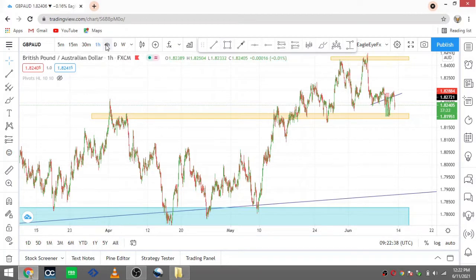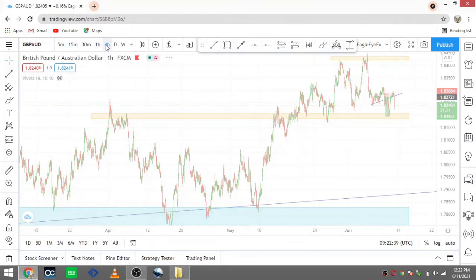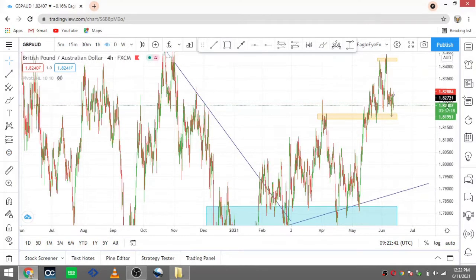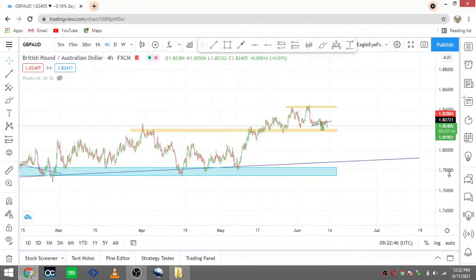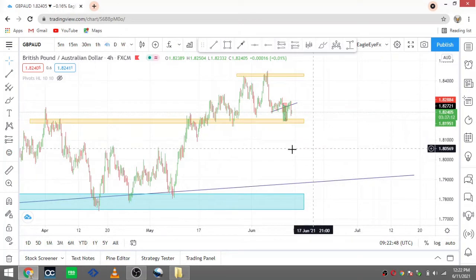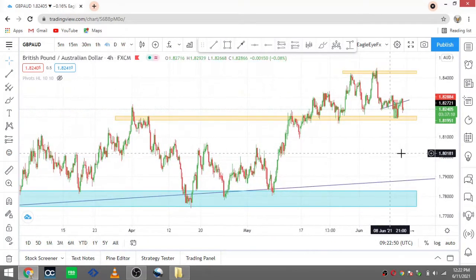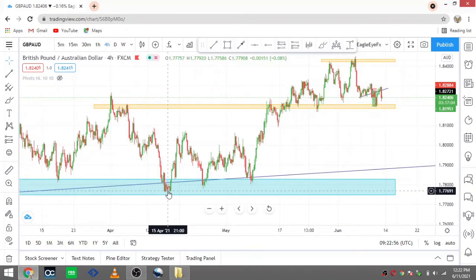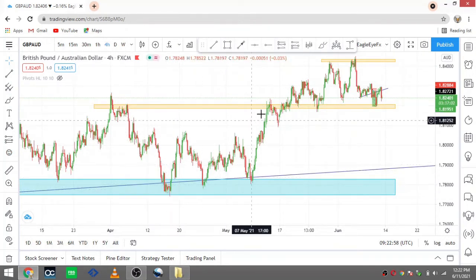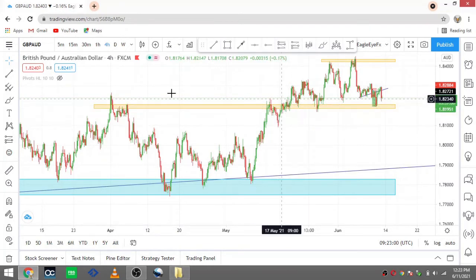So let me go to the 4-hour time frame, where I saw something. I was looking at the movement of this market, and I realized that when the market reached here, it was pushed down. Then when it got here, it was pushed up. Then it broke.